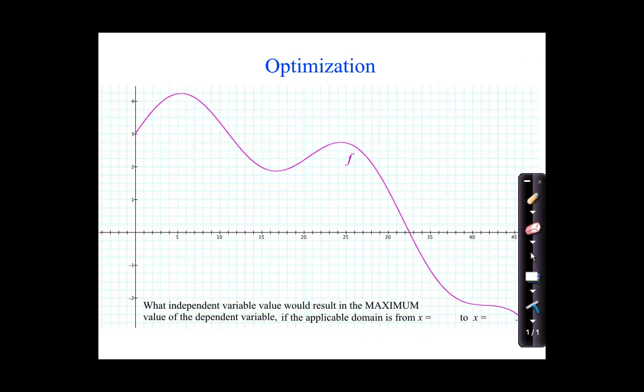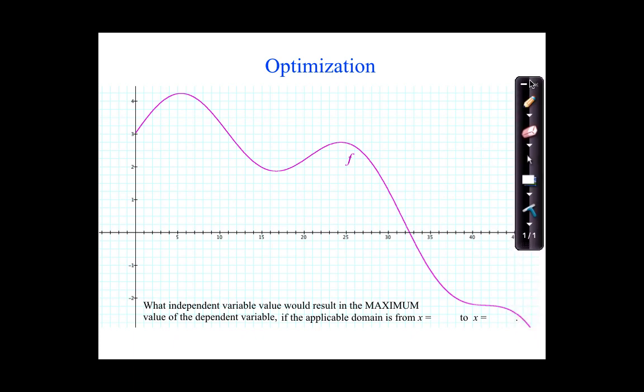So if you were given the problem of trying to find a maximum value of this function f, if I were only looking at the domain from 0 to 30, then just visually estimating this, the maximum happens way back at the beginning, right around x equals 5 or 6, somewhere back in there.